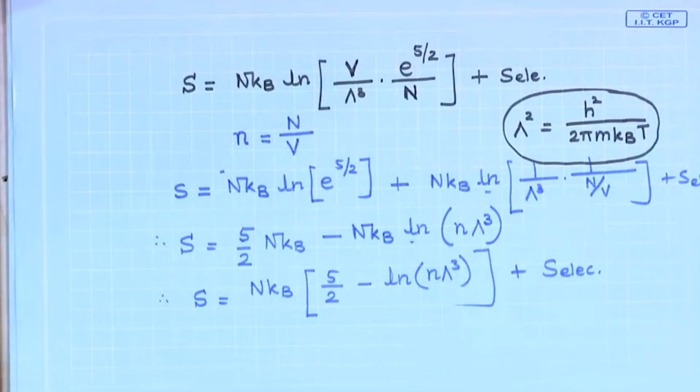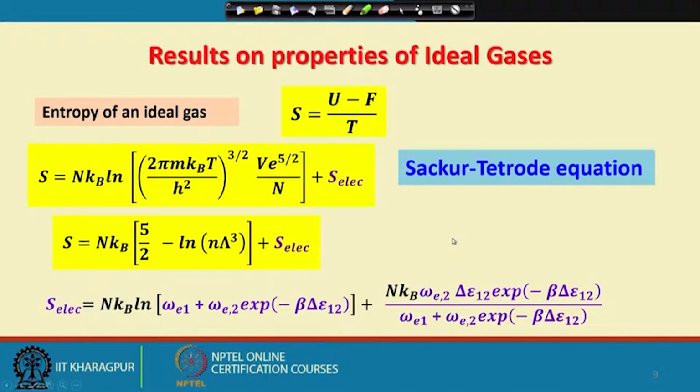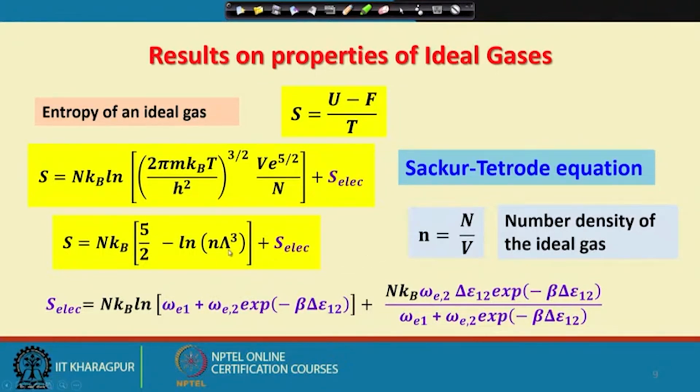So, as you see, an alternative and simpler form of the Sackur-Tetrode equation involves this number density n and the thermal de Broglie wavelength λ.